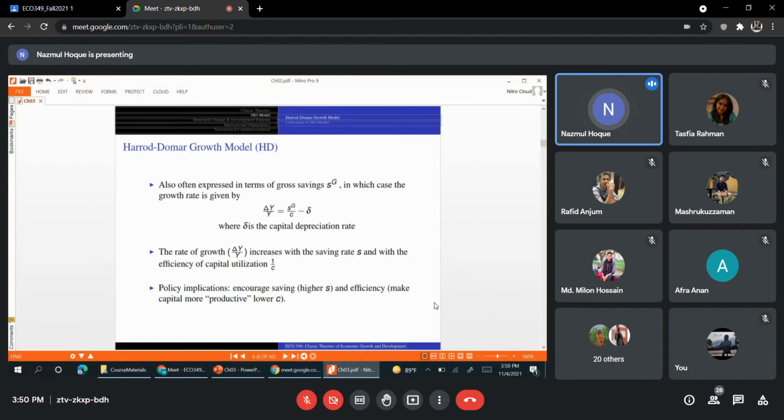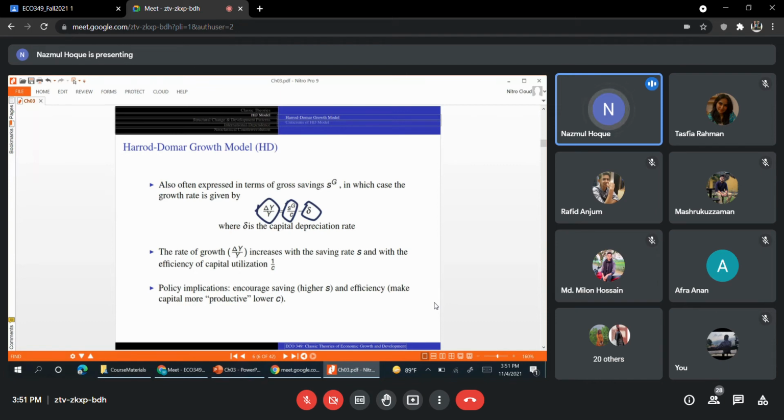So if we include the gross savings rate in our analysis, then we have the growth rate of output as the ratio of the savings rate and the incremental capital output ratio, minus delta, the depreciation rate. Okay. The rate at which capital loses its value because of wear and tear in the process of using those capital equipments.